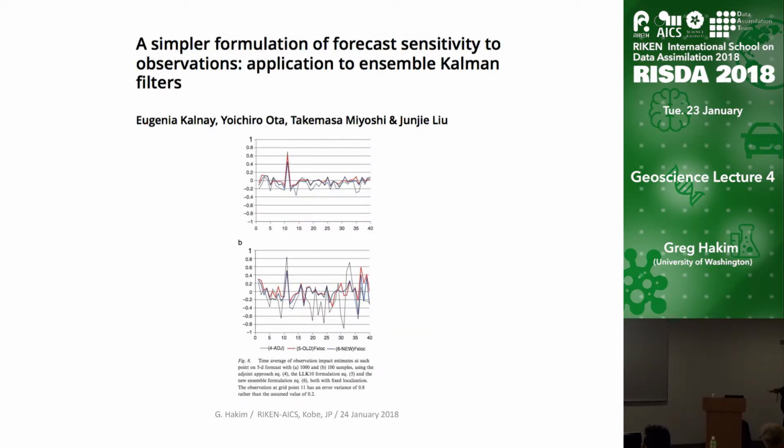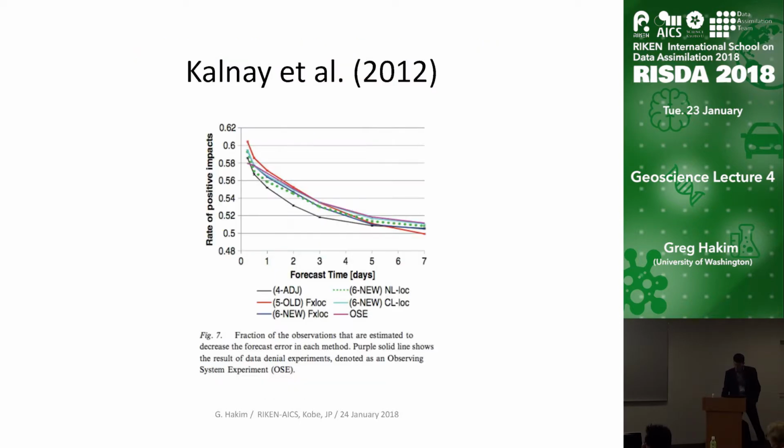And then in a more recent paper, I believe this is in 2012, same sort of thing, comparing an updated version of the technique with the adjoint method. It was clear that the adjoint method was noisier than the ensemble method. And I think this was the result you were quoting before, Eugenia. This shows the relative positive impact that the measurements had.